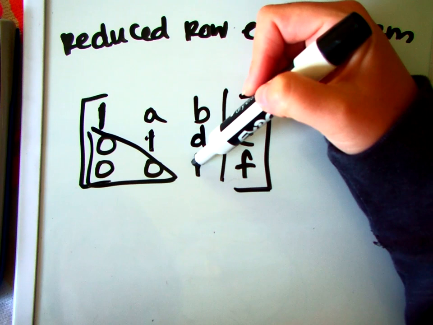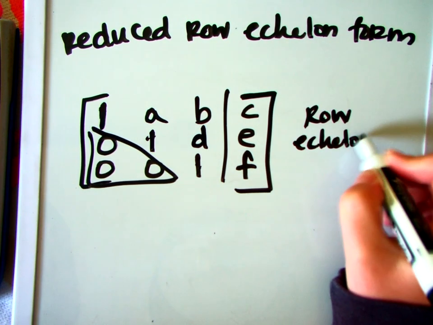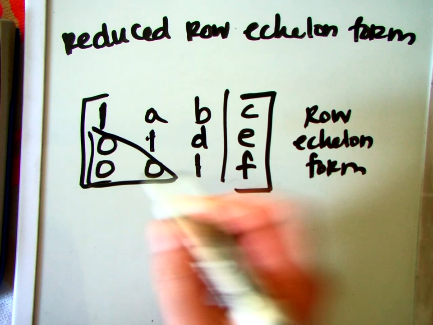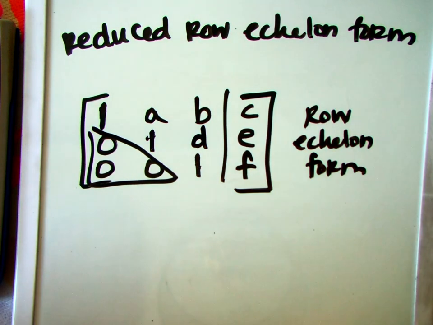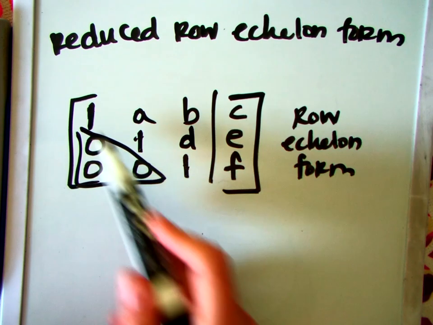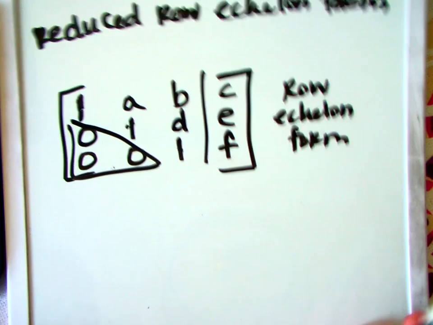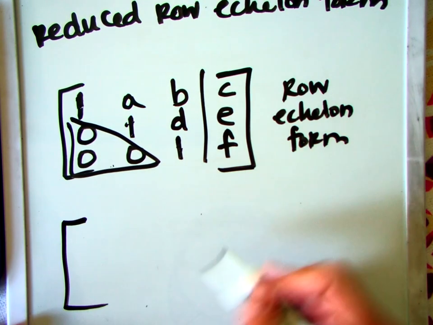So 1, 1, 1. This is row echelon form. And the letters that I used, A, B, C, D, E, and F, can be any constants. It doesn't matter what they are. To be in row echelon form, we need this triangle of zeros and a diagonal of 1s, starting with the first entry.